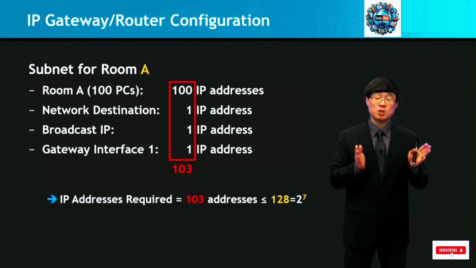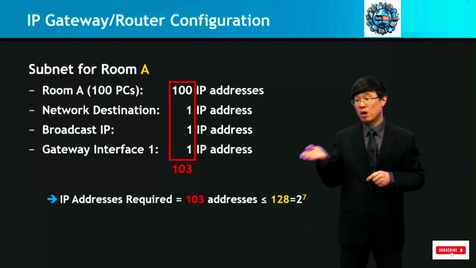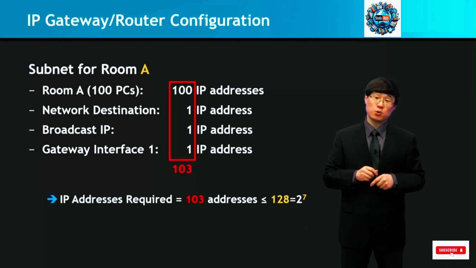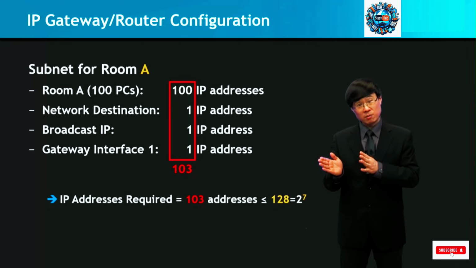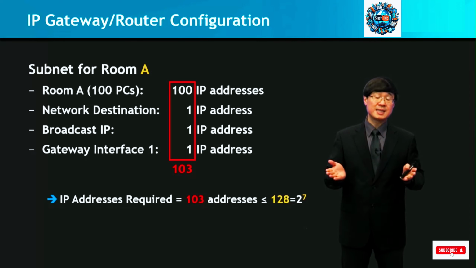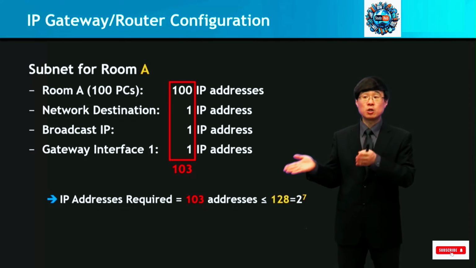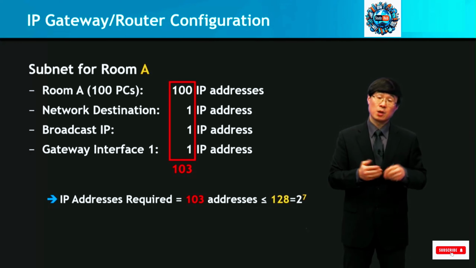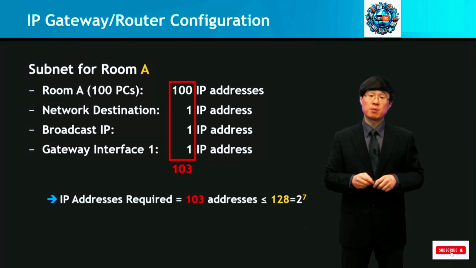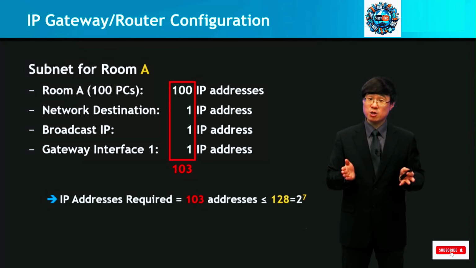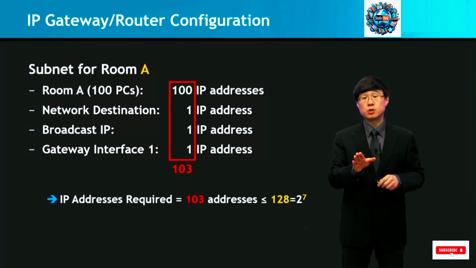The smallest is 2 to the power of 7, which is 128. It's a lot larger than 103, but it's still the smallest number. If I go to 2 to the power of 6, then I cannot contain 103. So 2 to the power 7 is the number I have to use. It's a lot larger than 103, and we'll soon see the effect of what this means.